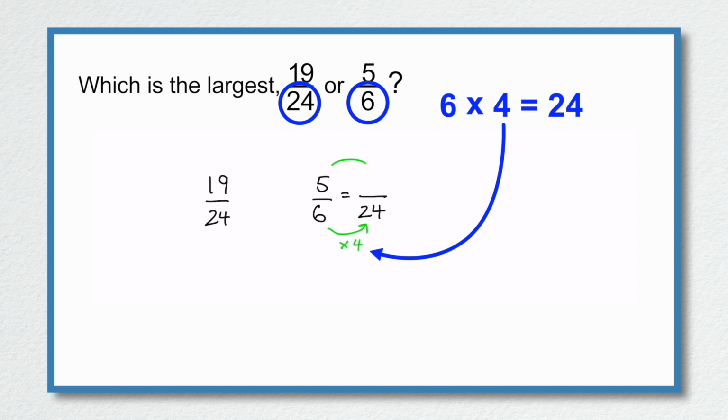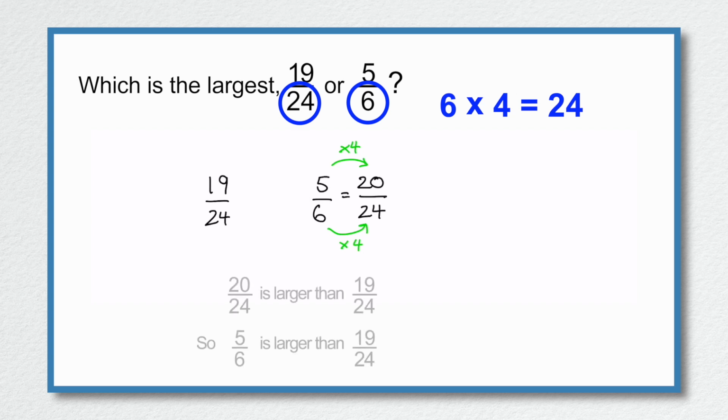If I multiply the bottom by 4, I have to multiply the top by 4. 5 multiplied by 4 is equal to 20. So we have 20 over 24. Well, 20 over 24 is greater than 19 over 24, so 5/6 must be greater than 19/24.